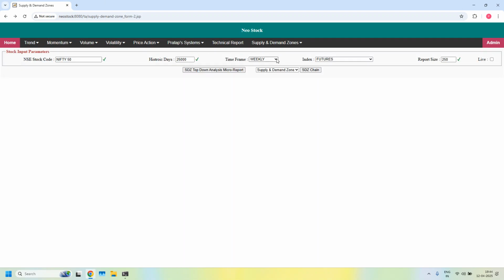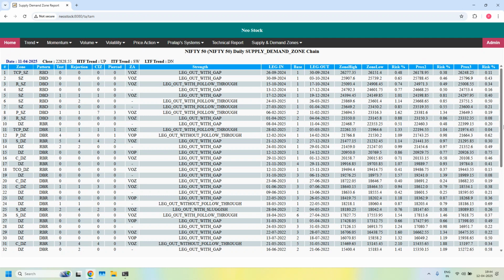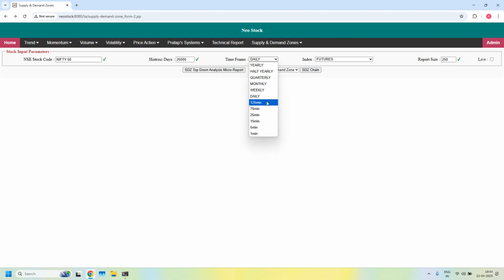Next, generating the daily supply demand zone chain for NIFTY. Next, generating the 125 minutes supply demand zone chain for NIFTY.